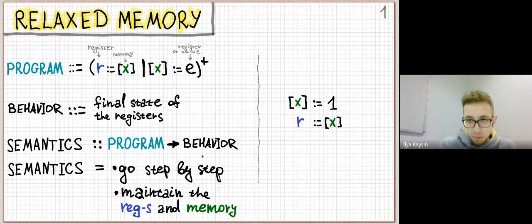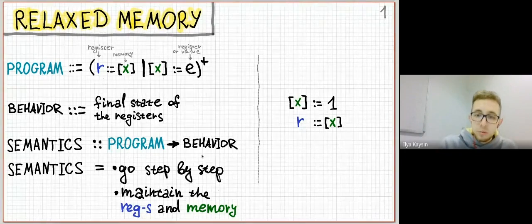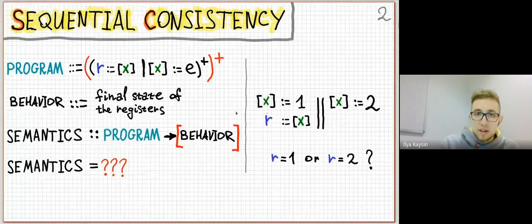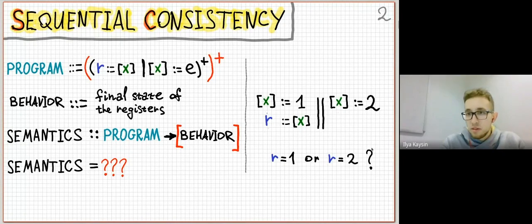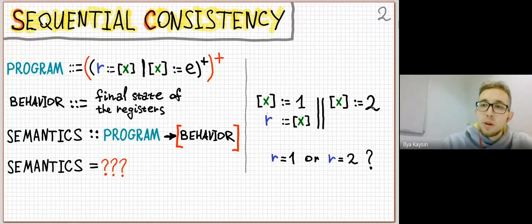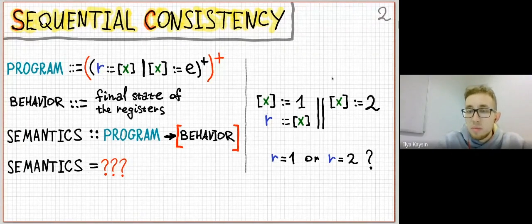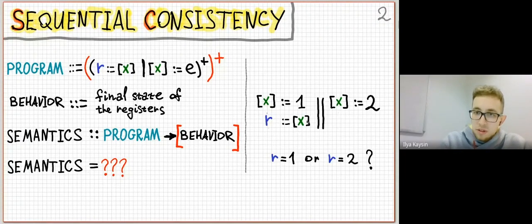It's very simple, but let us assume one more thing. Let's assume that the programs are concurrent, that, for example, let's add another thread to our thread that writes to the same memory location X concurrently. Well, then we have a problem because the first thread can read either 1 or 2 depending on whose write was the last one.